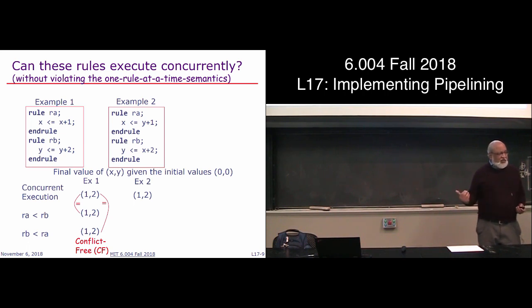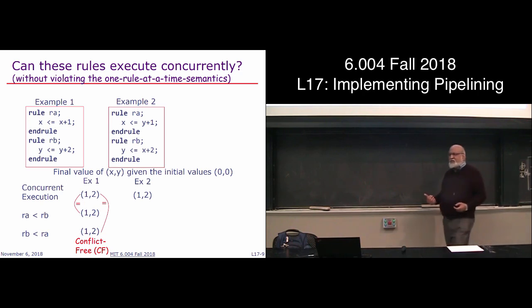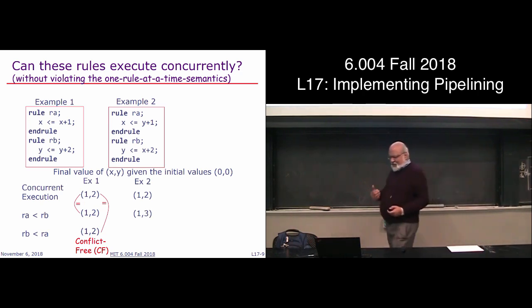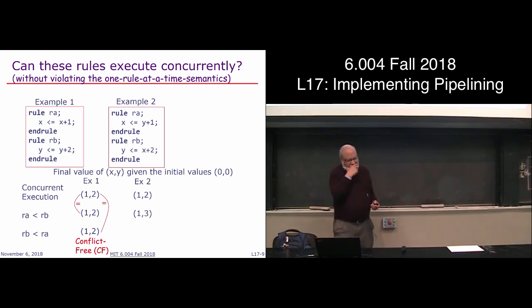It will produce a new answer. Is it clear to everyone? These answers? Why am I getting 1, 3 after doing rule RA?